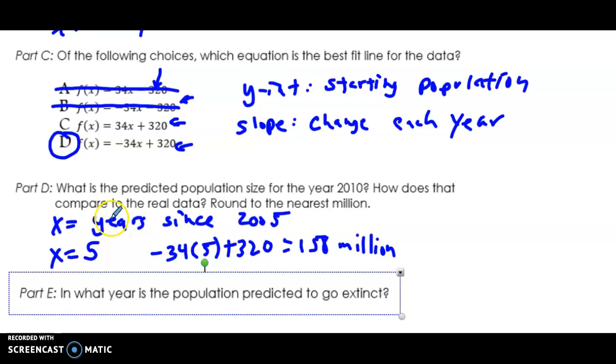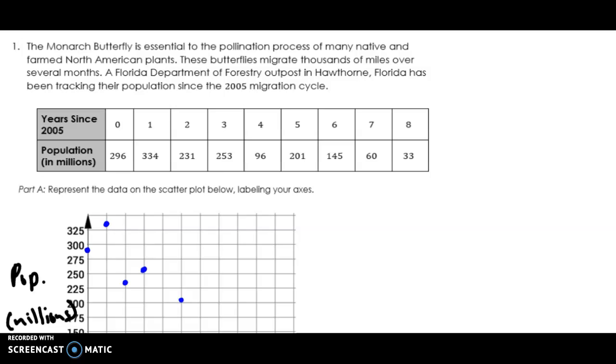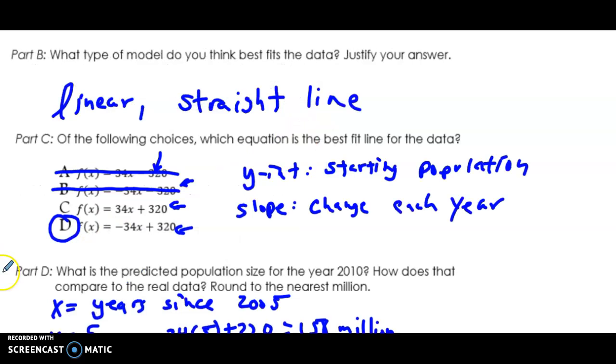And then it says, how does that compare to the real data? So we're looking at this right here. This would be 2010, because this was 2005, 2006, 2007, 2008, 2009, and then there's 2010. So in that fifth year, it actually was 201 million.